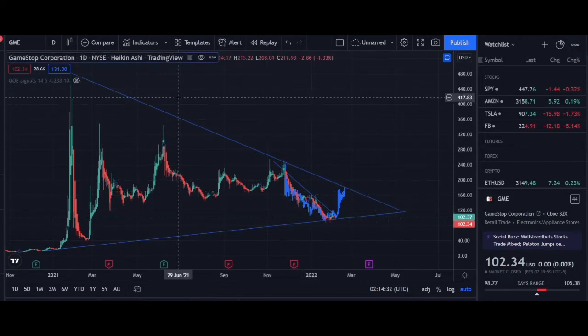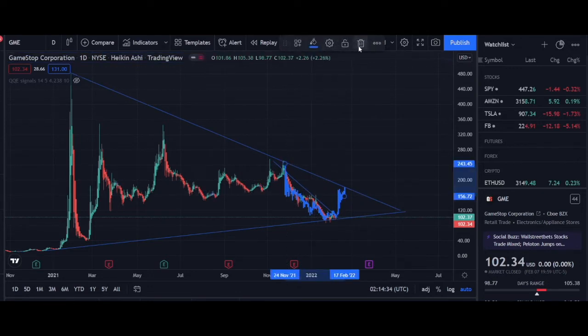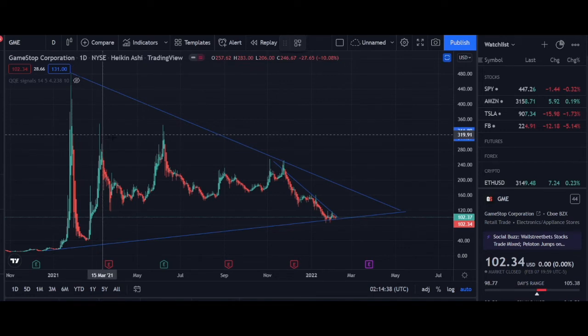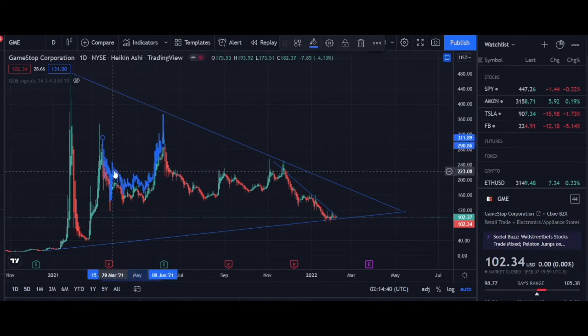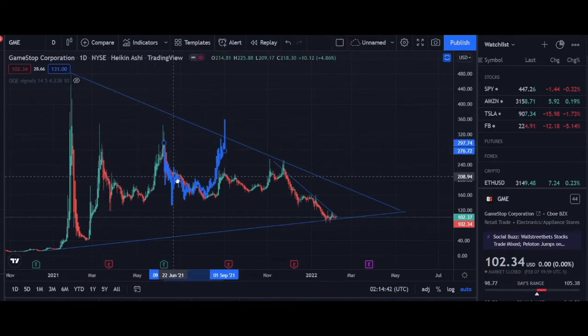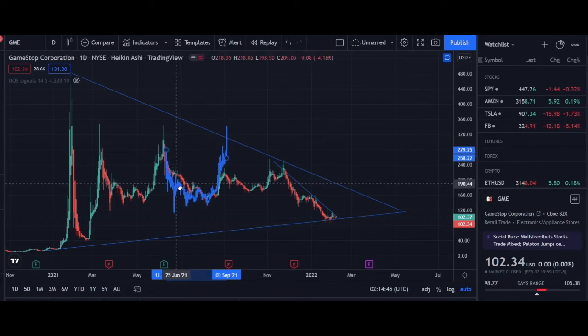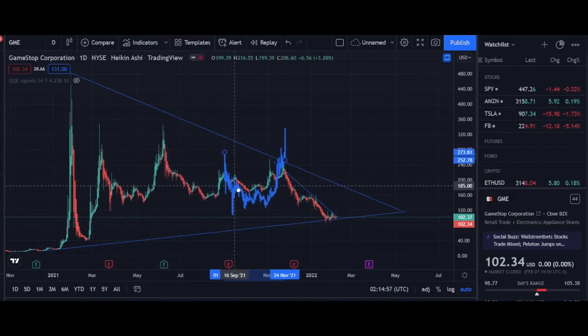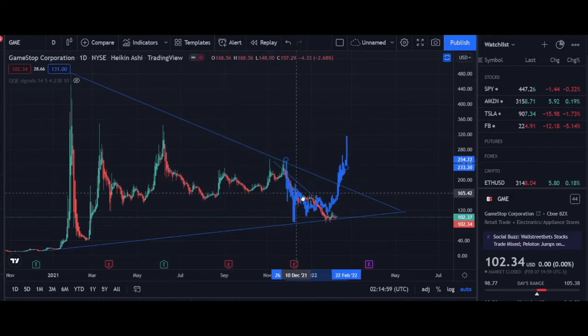Just another example of how these cycles track. If we take this drop to this top and we bring it over, so every run is going to have different variables, and every cycle is going to have different variables and market holidays and whatnot, but as you can see, very similar price action, and again, very similar price action.